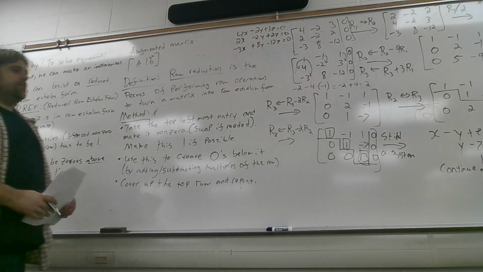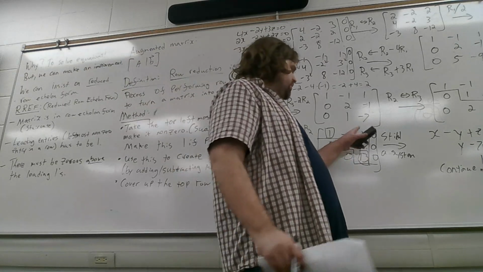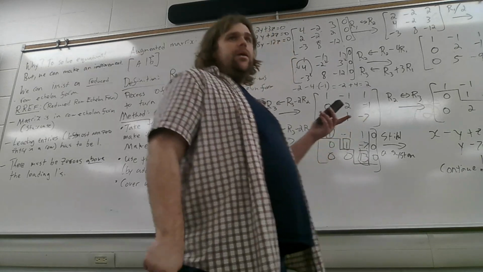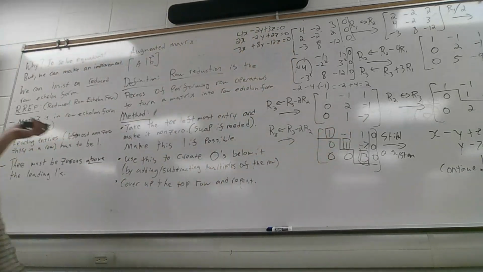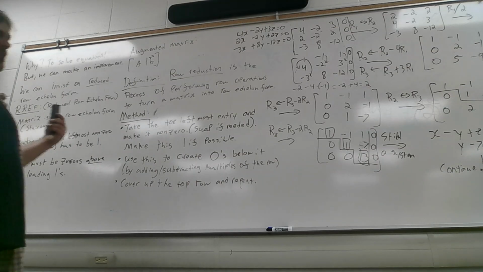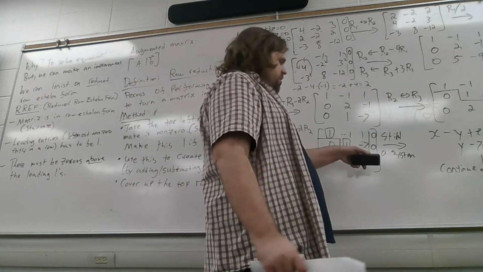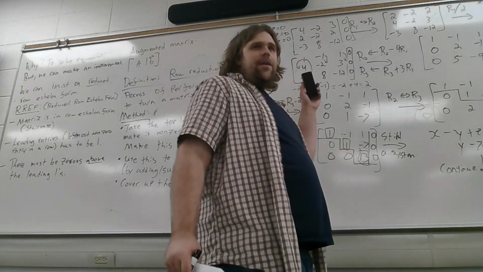So that means we would need to put zeros here, here, and here, right? Now it turns out there's also a methodical way to do this. We just get to here and then reverse it, right?